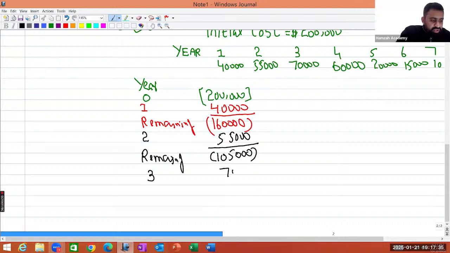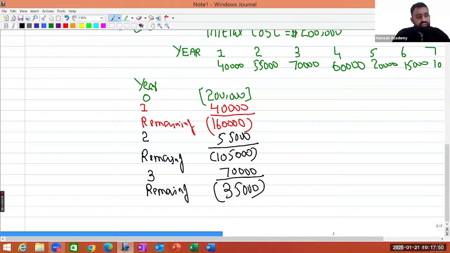And then in year 3, we have 70,000. And remaining balance to be recovered is 35,000. Now in year 4, you have annual net cash inflow 60,000, which is more than 35,000. That means our payback period will be 3 years and some months.